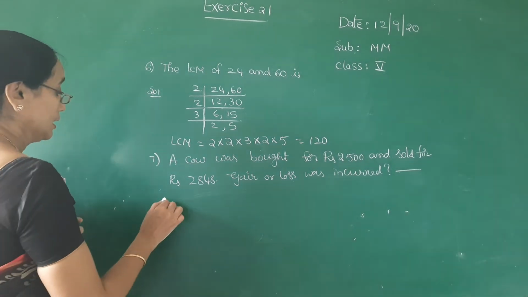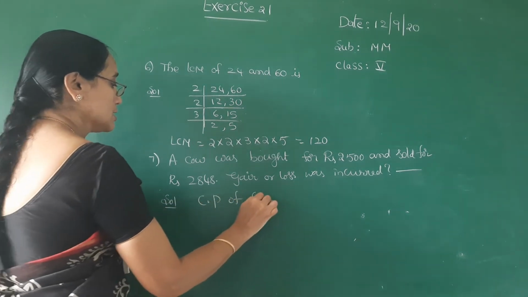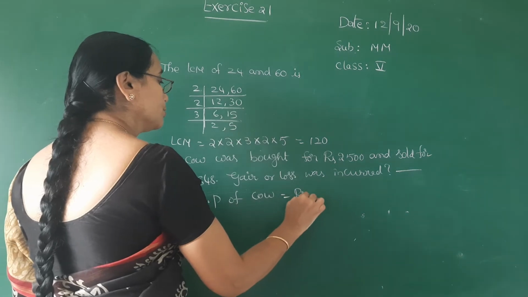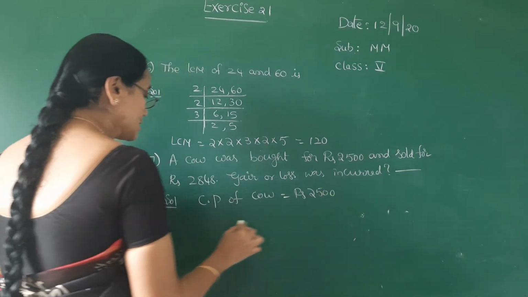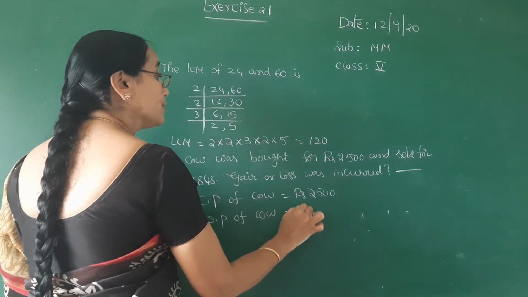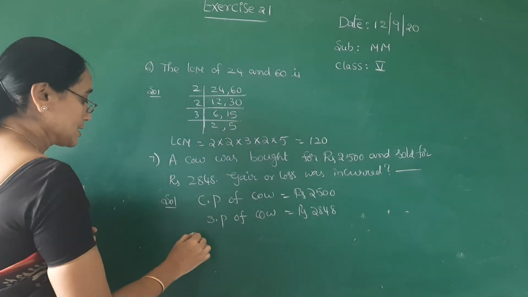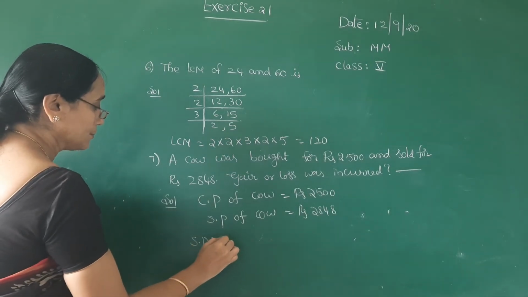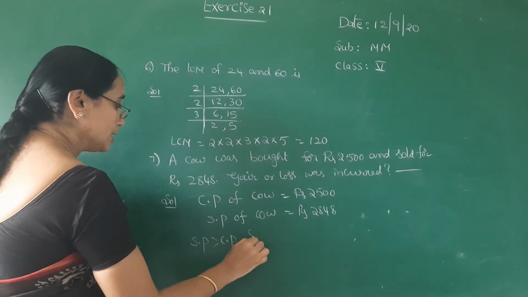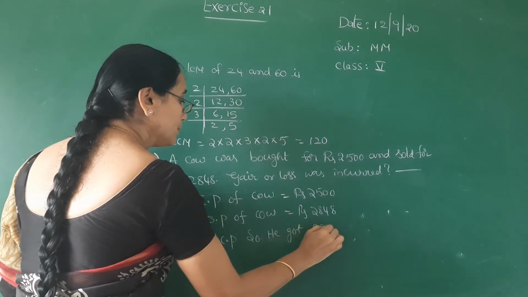See here, the CP of the cow, the cost price of the cow, is rupees 2500. The selling price of the cow is rupees 2848. See here, SP is more, the selling price is more, so he got a gain.